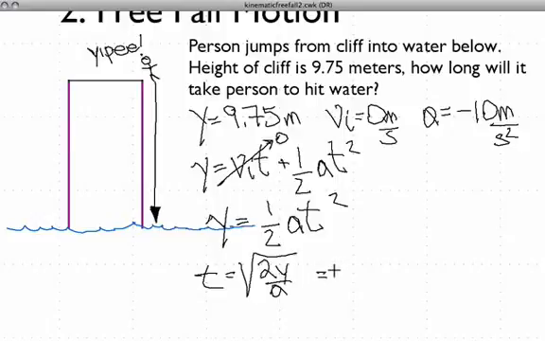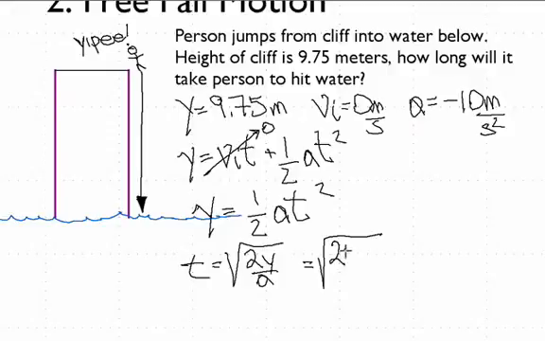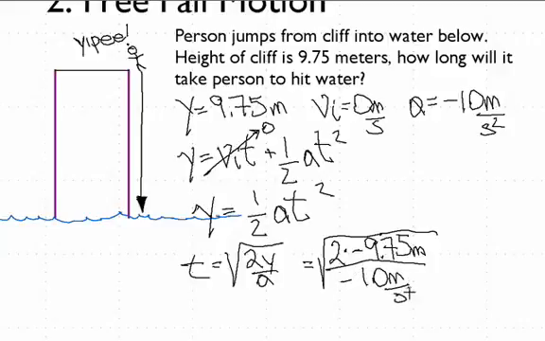And so we could put in here that it's 2 times minus 9.75 meters, because it's falling in the negative direction, over the acceleration, which is minus 10 meters per second squared.